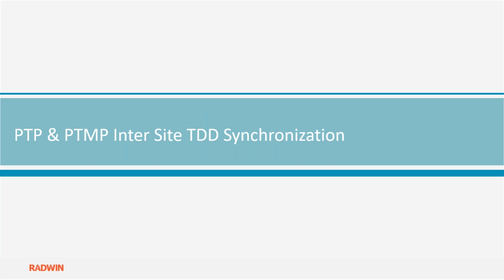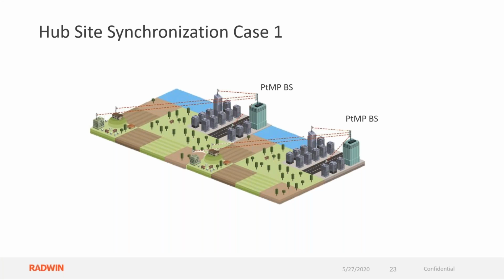When we discussed this, it was intra. Now we have the same challenge when we have inter-site synchronization, where I can expect interference coming from different towers or different deployments in the same environment. This depends on the distance between the towers and the coverage of the base station.